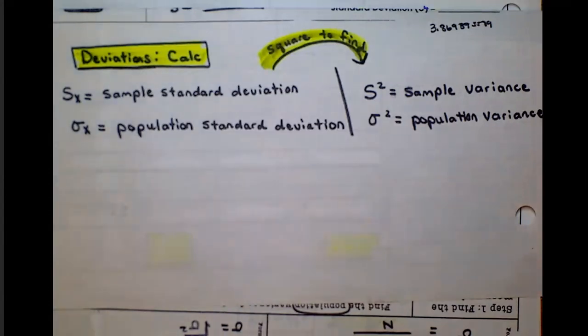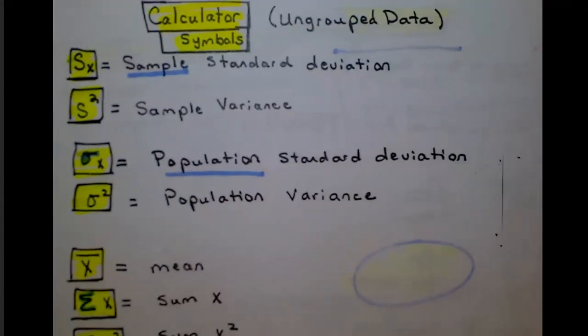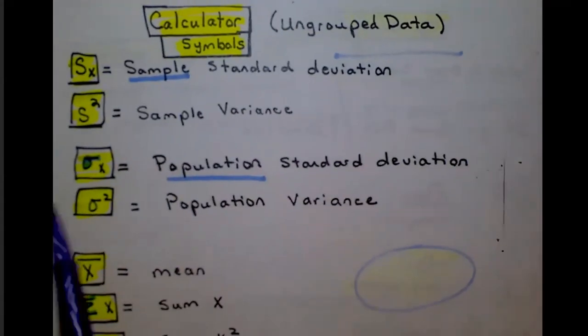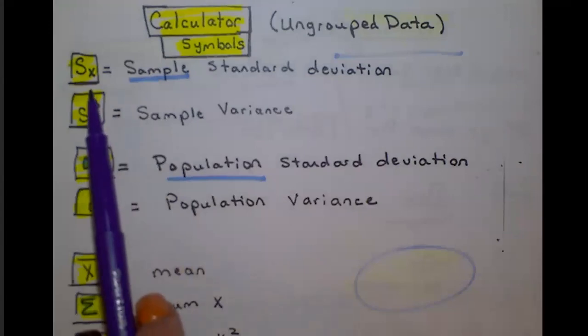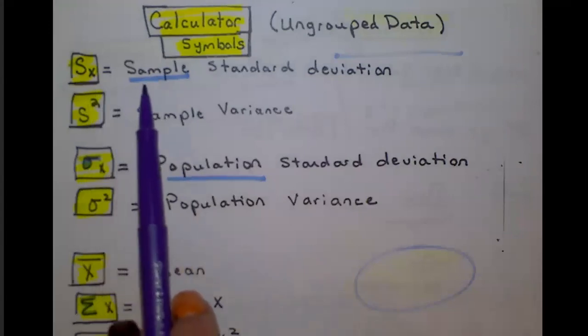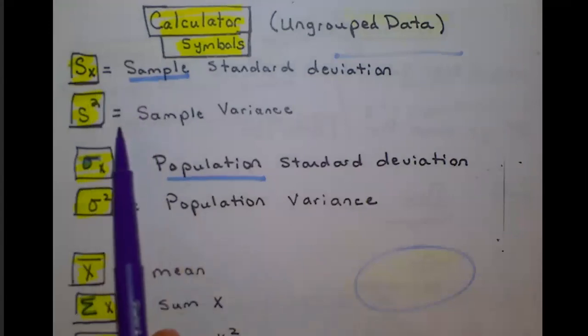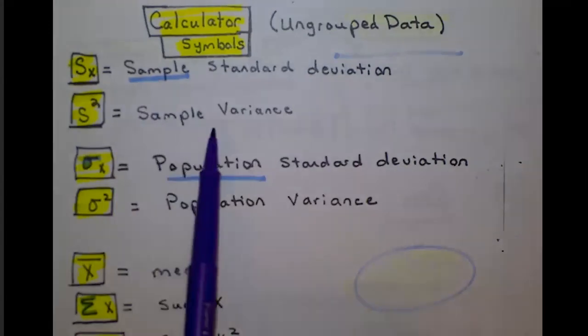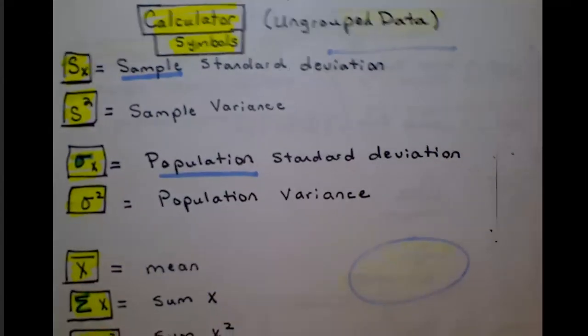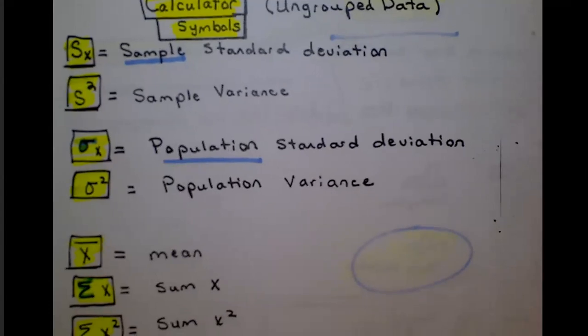Now, some of you might be asking what those other things stand for, so I wrote this down for y'all. When you have ungrouped data, this right here deals with your sample standard deviation. You need to square it to get your sample variance. Then you have your population standard deviation. You need to square it to get your population variance.